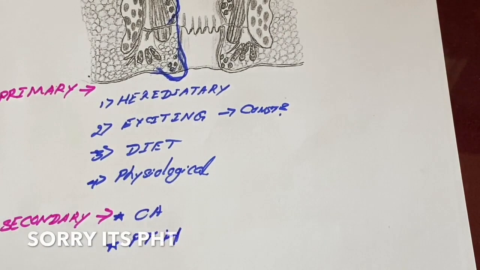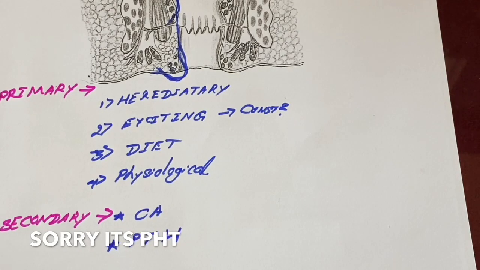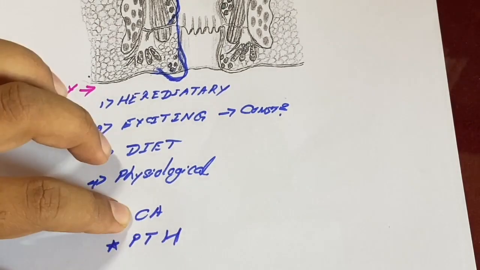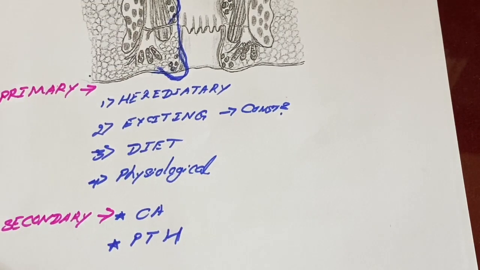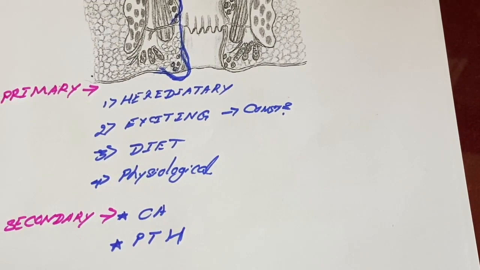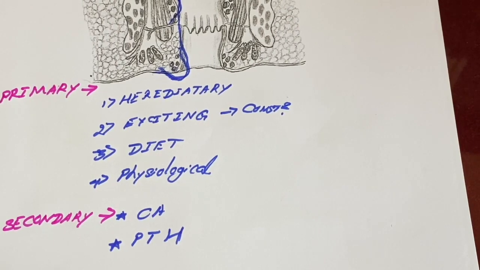So this could be a secondary cause, where hemorrhoid is not the primary disease. A primary disease like cancer or portal hypertension will cause a back pressure on the hemorrhoidal plexus, which leads to the formation of piles.